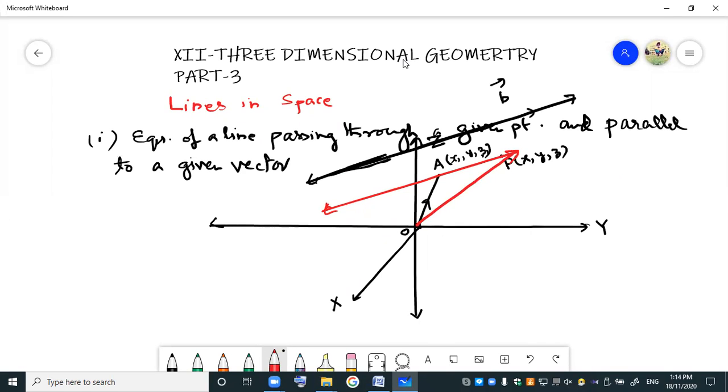Suppose this is a point P. So this is the position vector of any point P on the line. This is a line. You can extend it. So what will be the equation of this line?